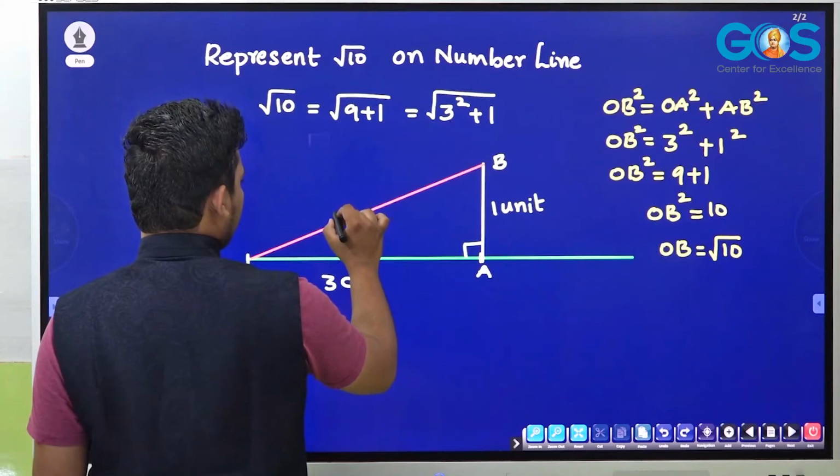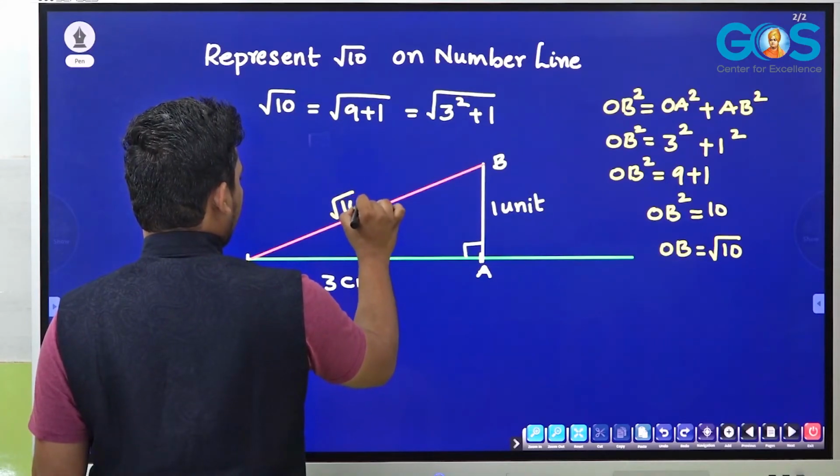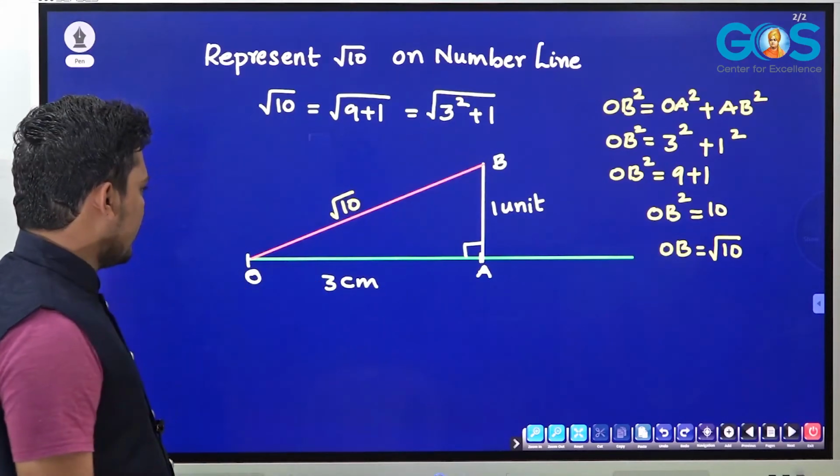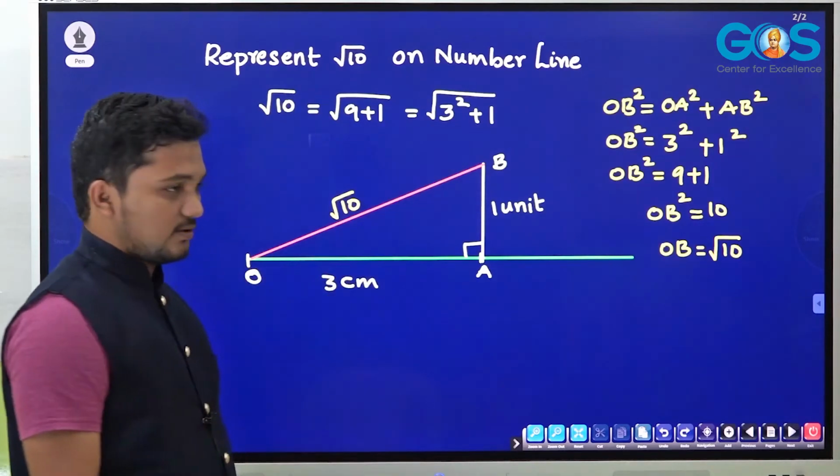Okay, here the length of OB side is root 10.